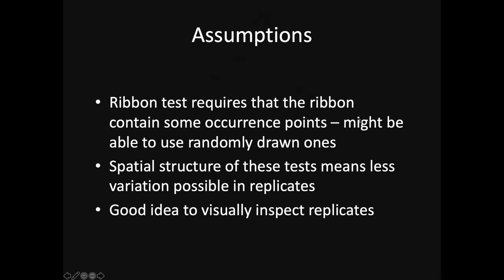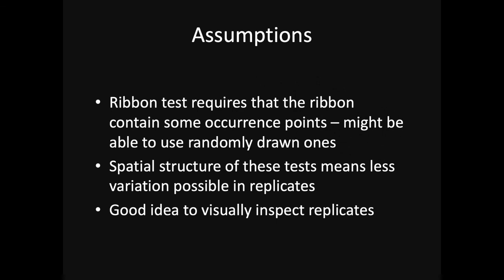Another thing to note is that we could do the ribbon test in our case specifically because we had occurrence points for one of our species inside of that ribbon. And that was actually quite helpful to us because those are what we use to essentially get the environmental distribution of our species inside of that region that we were interested in.